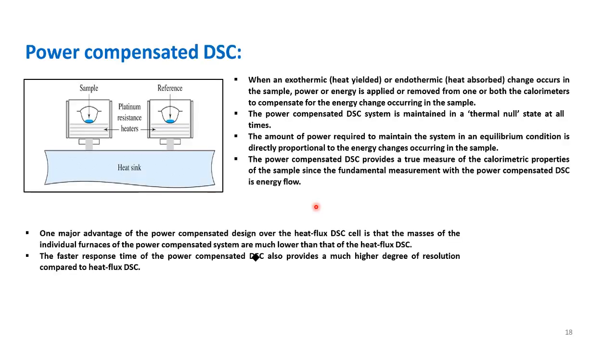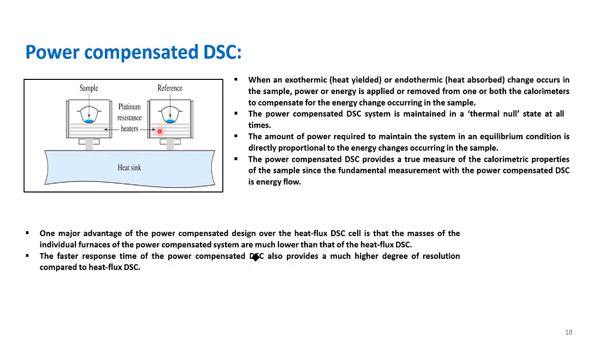Then we have power compensated DSC. In that case, we have sample and reference placed in two different furnaces. If there is an exothermic reaction, then the heat is yielded, and if it is endothermic, the heat is absorbed.